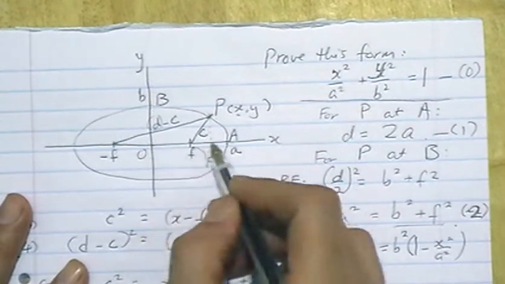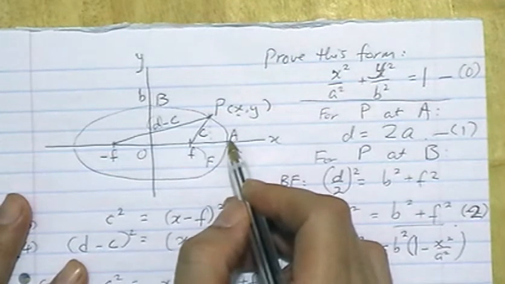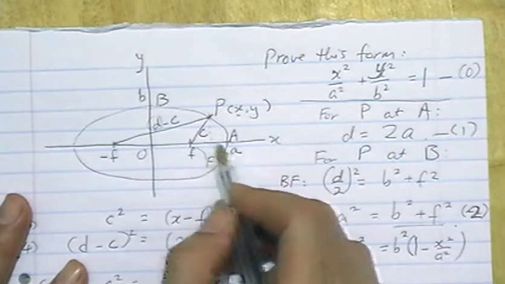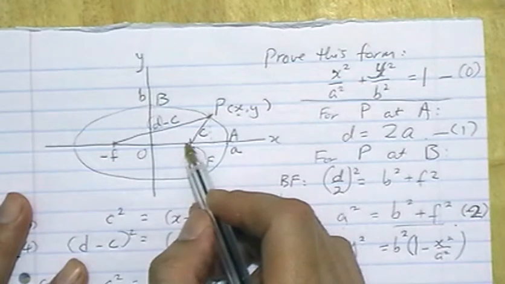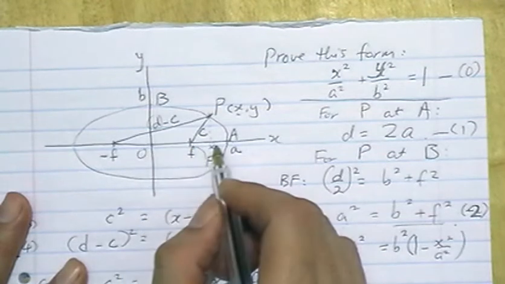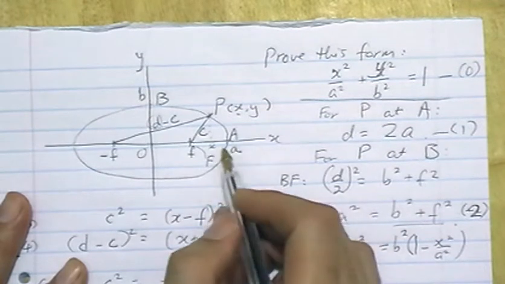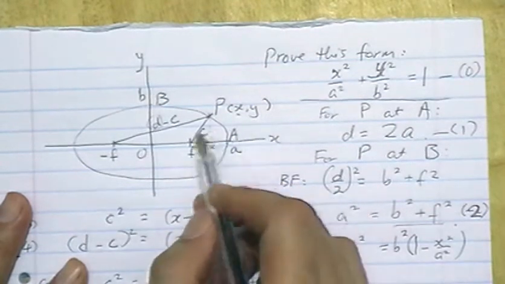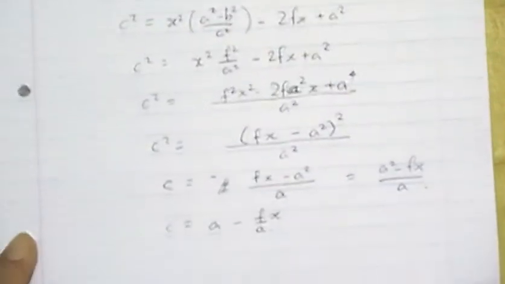Now f times x over a. Does that have any obvious meaning from this geometry? F times, so that's f, that's x, and that's a. F times x divided by a. It does not seem clear how we could find a simple relation just by looking at the geometry. So never mind, let's just carry on from here.